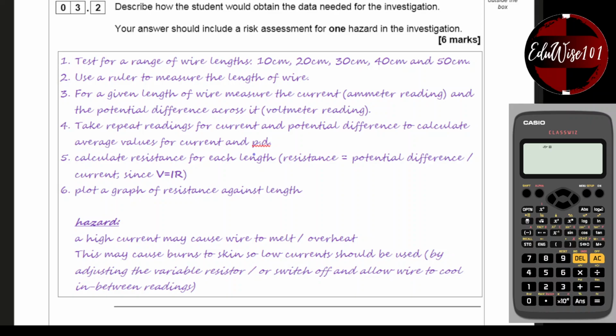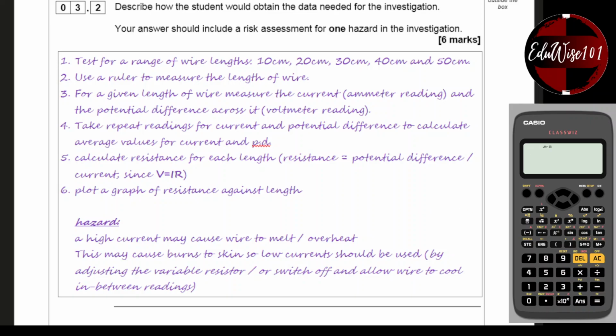Now, you can take 3 values of the current and potential difference for each length of wire and then take an average. Then you calculate the resistance for each length. Resistance equals potential difference divided by the current, since V equals IR. Plot a graph of resistance against length.